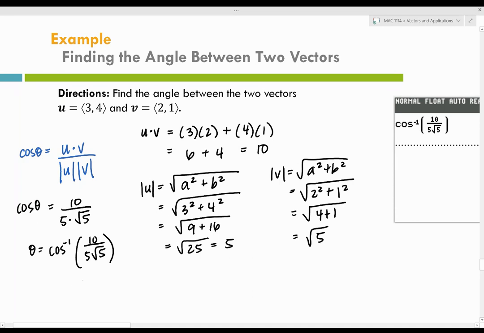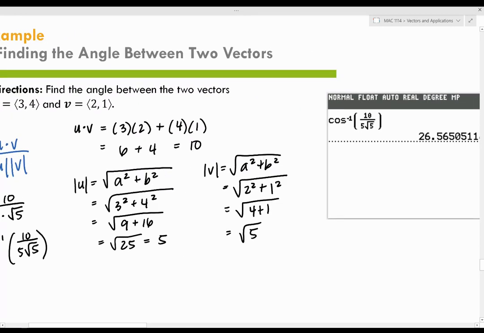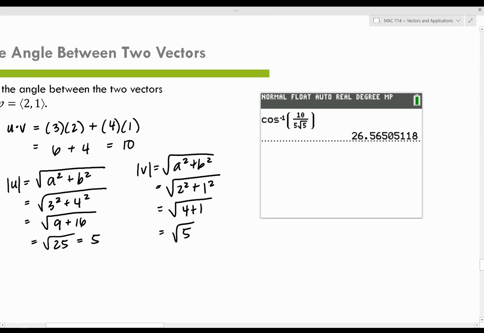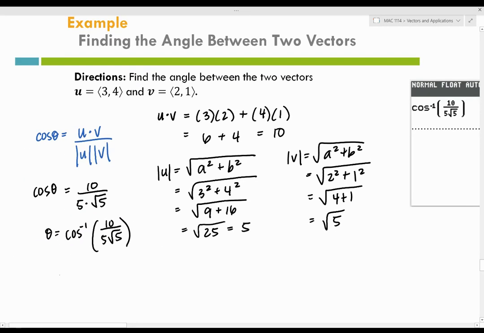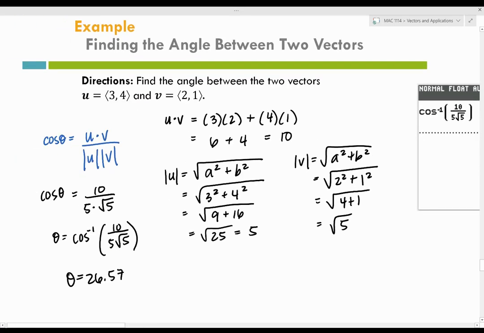I'm going to make sure that I'm in degrees. In degrees, this happens to be my answer: 26.57. I'm going to round to 2 decimal places. So theta equals 26.57 degrees. Cool.